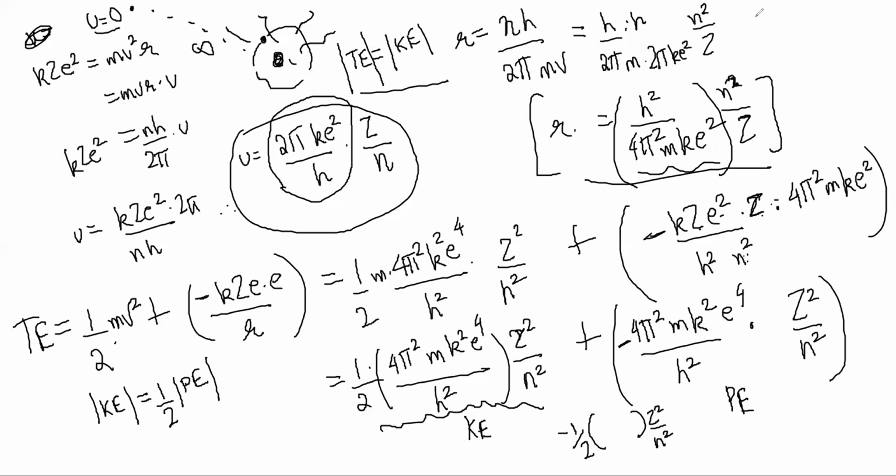You are basically taking kinetic energy equal to x and potential energy equal to minus 2 times x. This is what is happening. So total energy becomes minus x, no? Even though it looks very big and difficult.